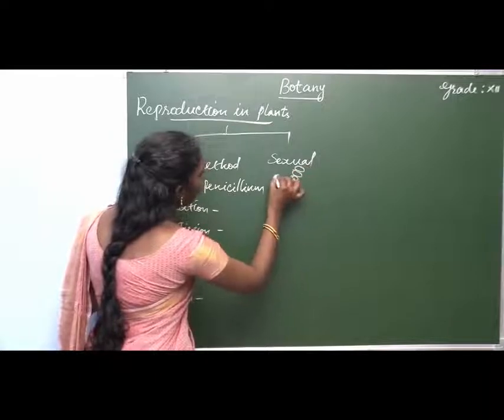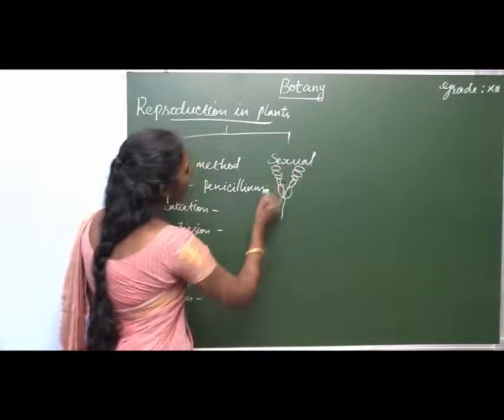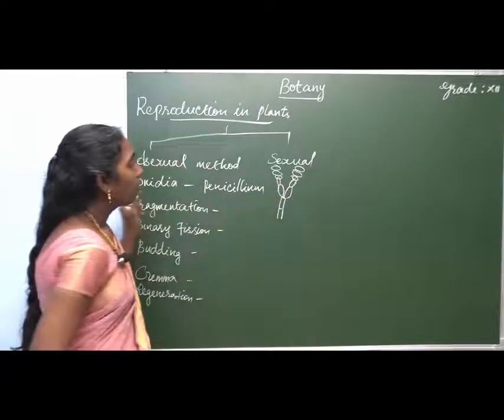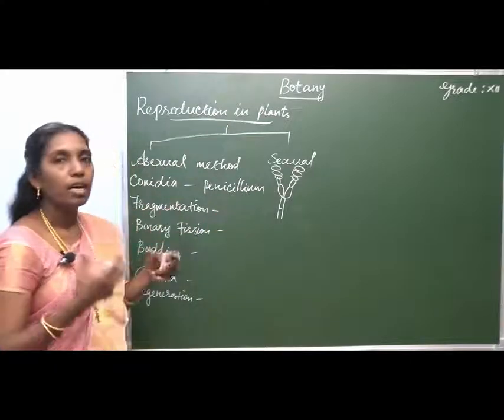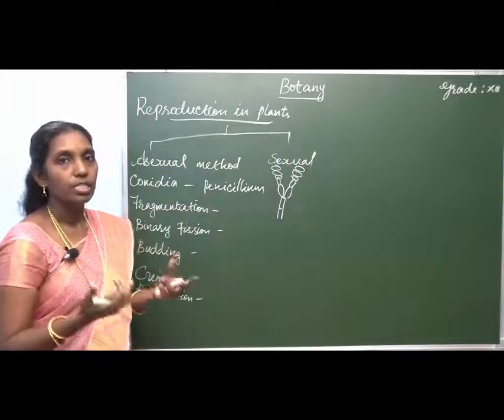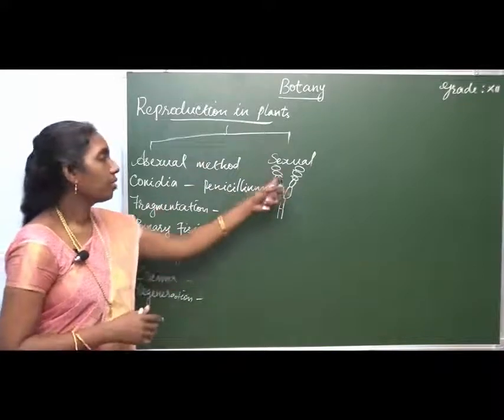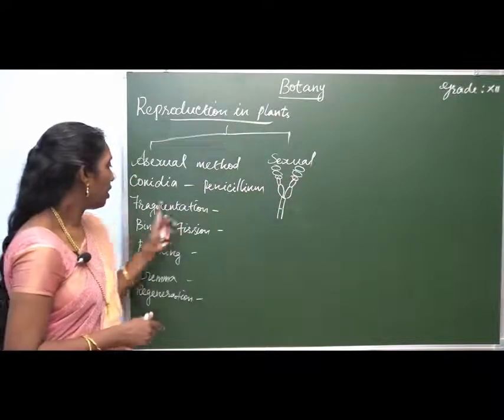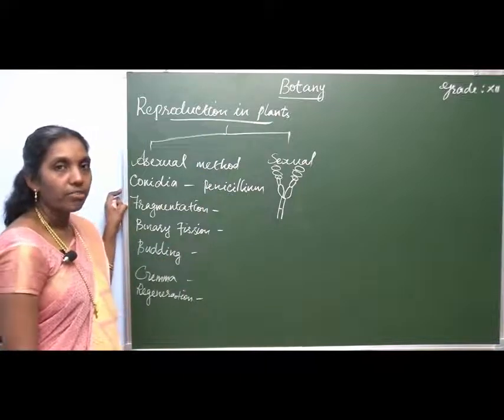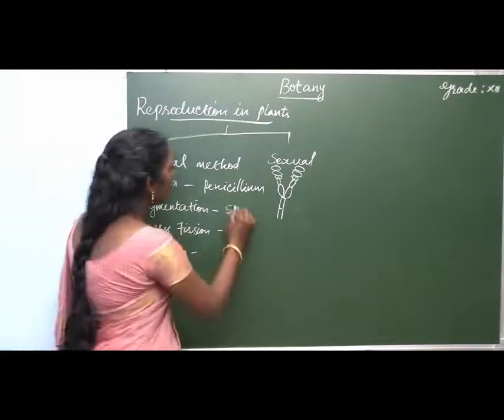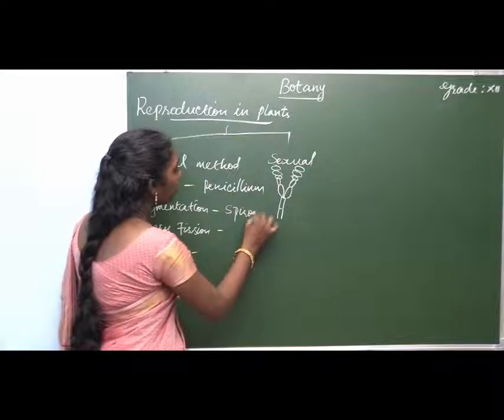From this conidia, the young species is developed. So, this is one of the fungal species. Then fragmentation. In fragmentation, there is an alga called Spirogyra.